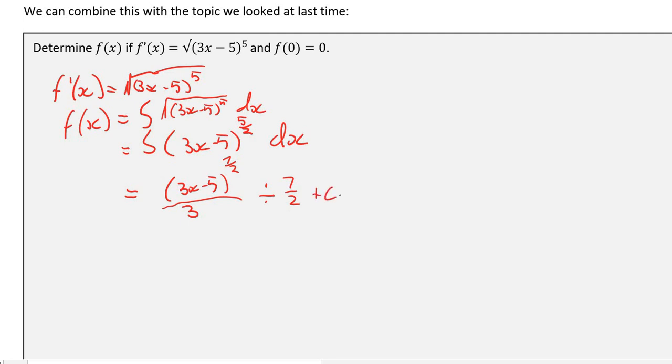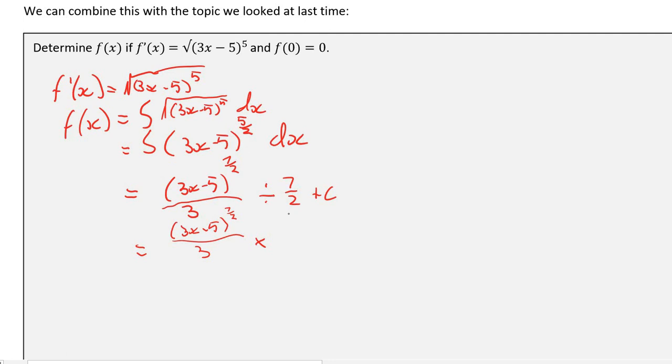The reason I did the divide by the fraction over on the right-hand side instead of chucking it straight under is because it'll make it easier when we do this. I'm going to inverse the divide to become multiply.